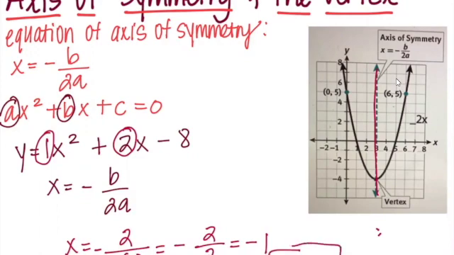So if x equals negative 1 was the line of symmetry for our graph, meaning my line of symmetry is going to go through negative 1, that means my x coordinate for the vertex will also be negative 1. That doesn't necessarily mean those are the coordinates for the vertex, but we're only asking you for the x coordinate of the vertex, which in this case would be negative 1.